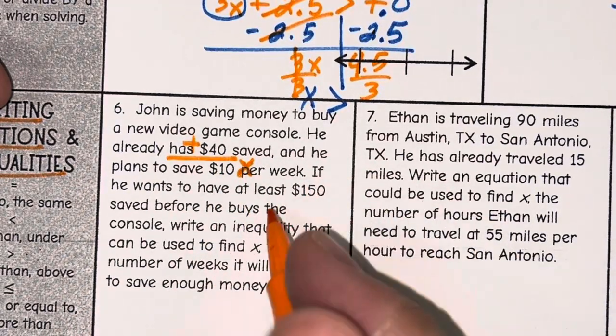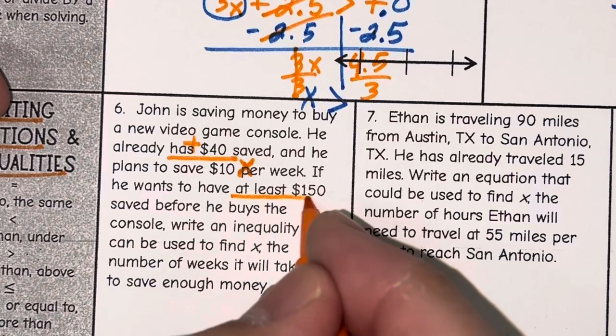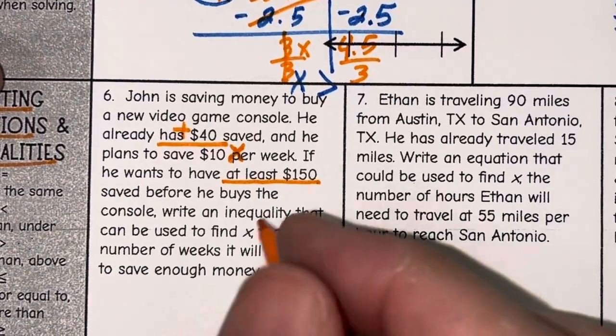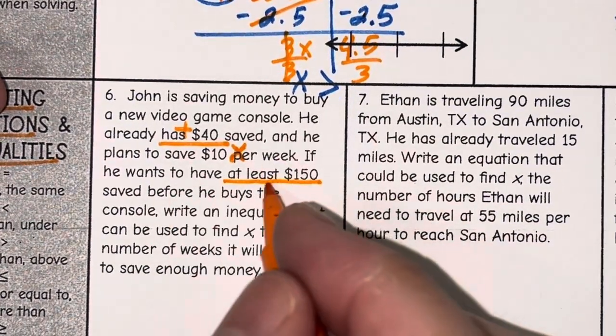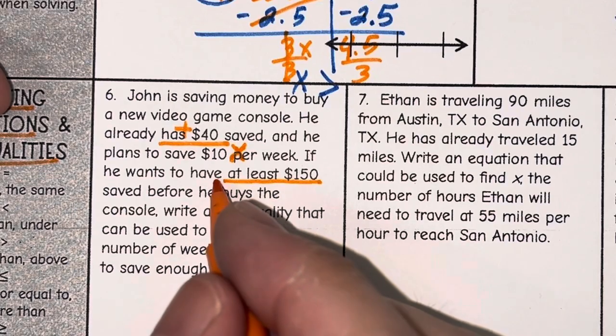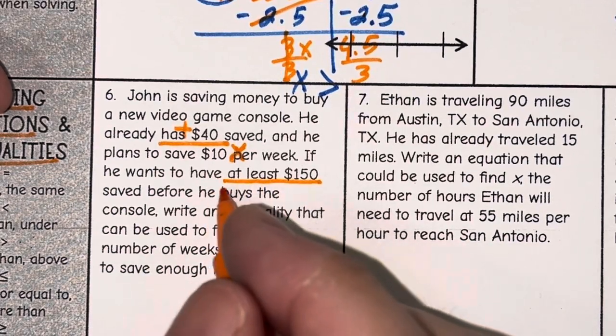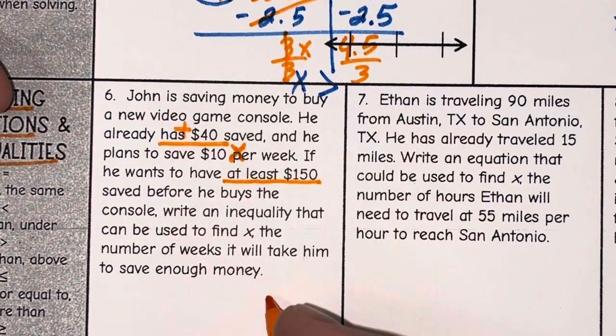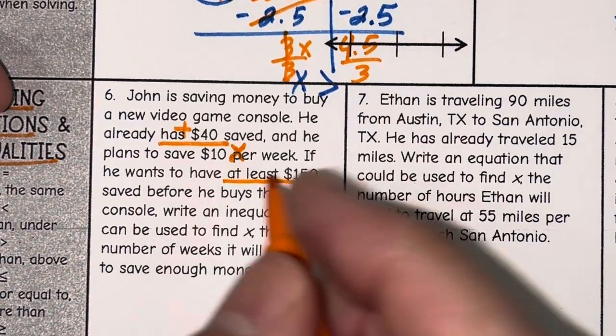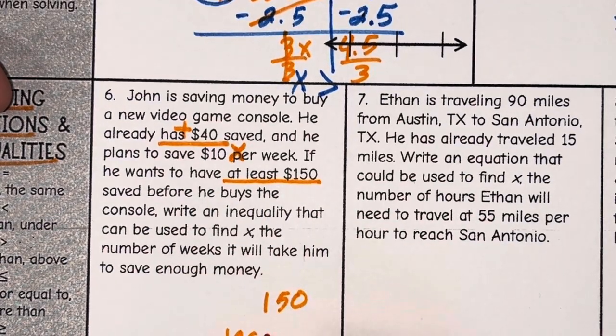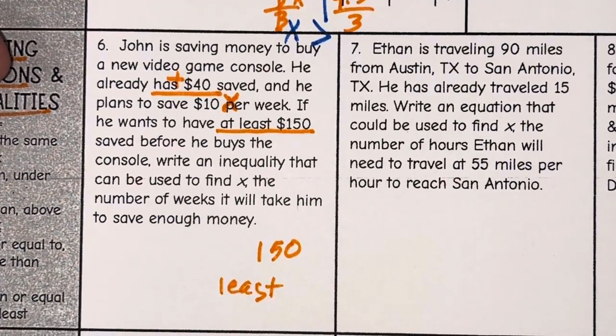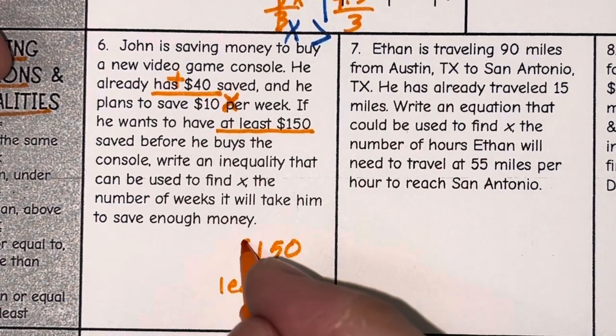So whenever we see per or each, that's going to be times. So 10x. And he wants to have at least 150. So we take the 150 and that keyword at least, at most, under, over, above. We're going to use that 150. And this is the least. That's $150.